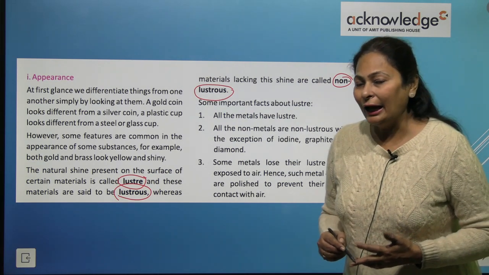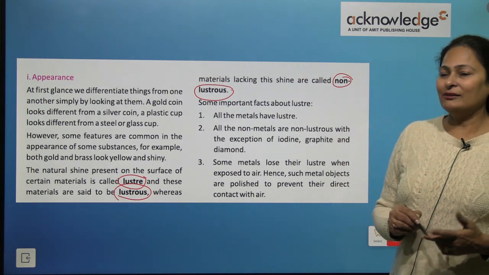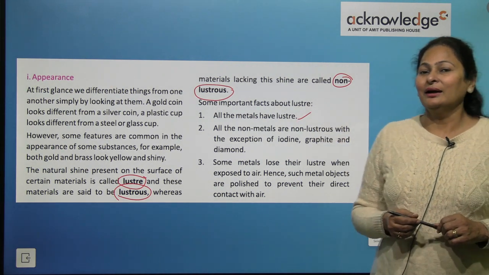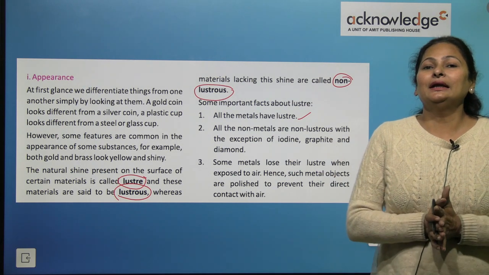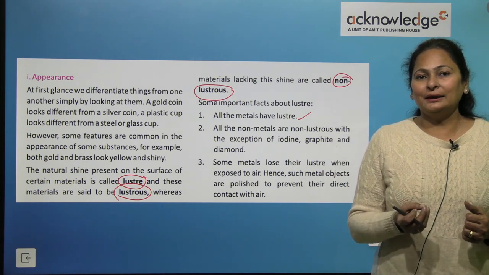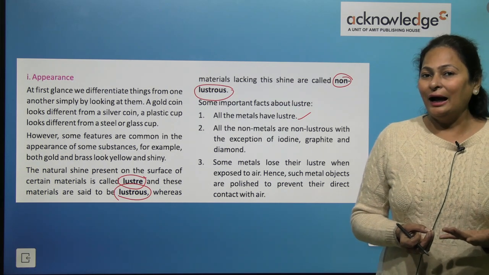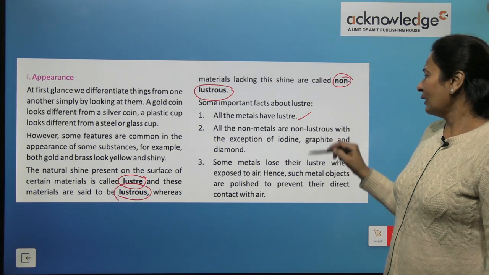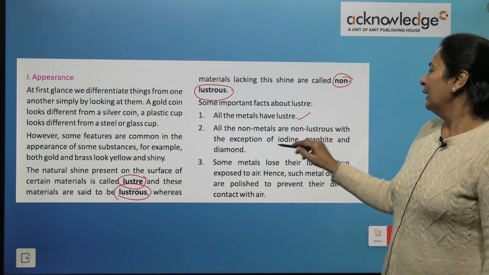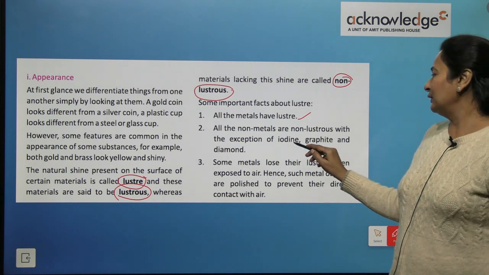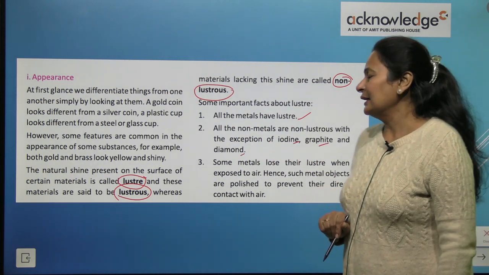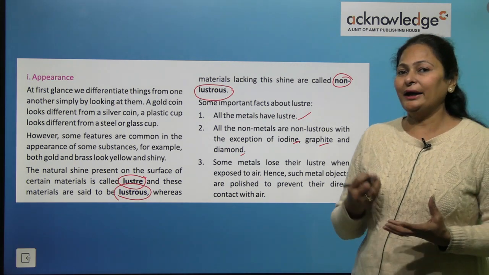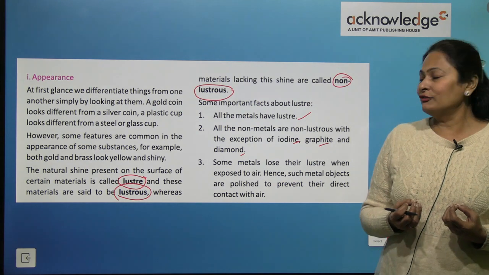Now, some important facts about luster: all the metals, the things made up of metals, have luster in them, right? They are shiny, but it does not mean that all the materials have luster. There are some materials that don't have luster in them. All the non-metals are non-lustrous, with the exception of iodine, graphite and diamond. Diamond, iodine and graphite are some kinds of what?